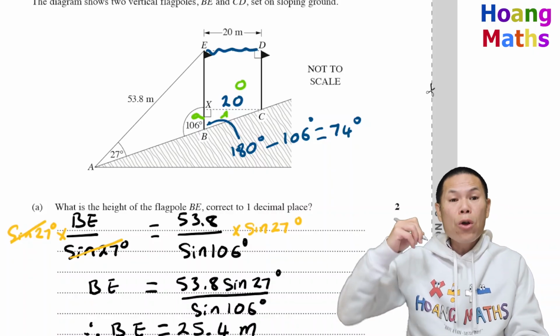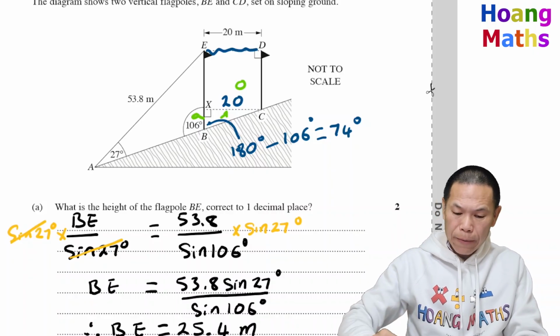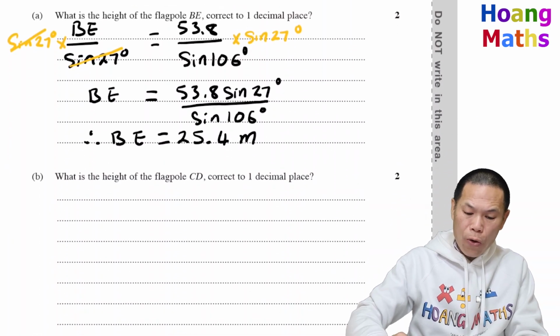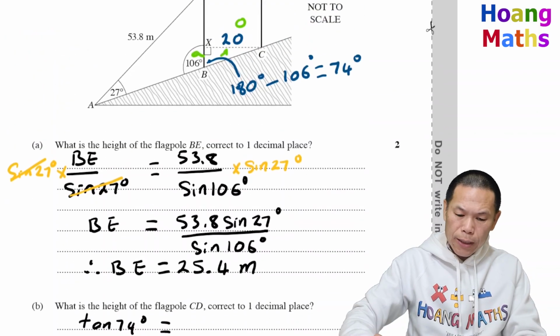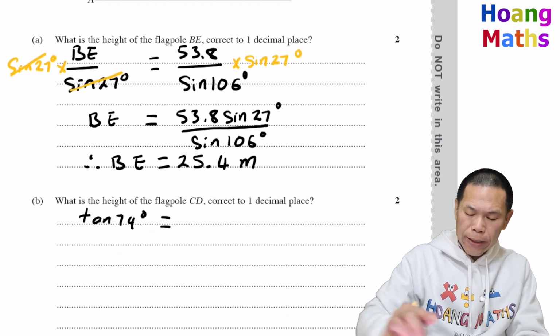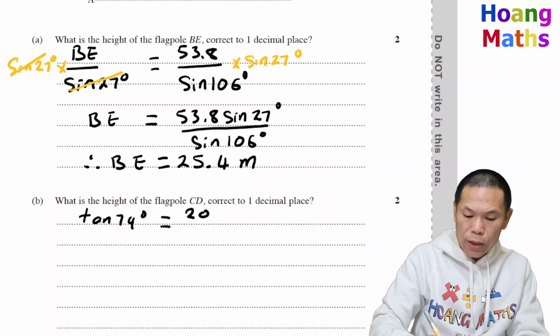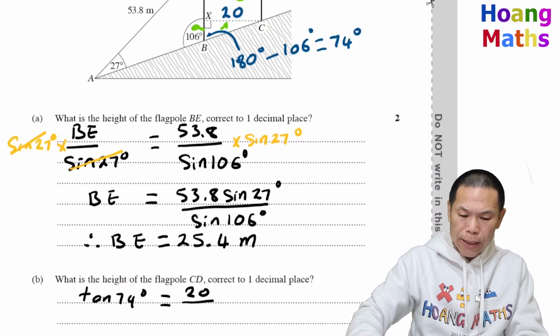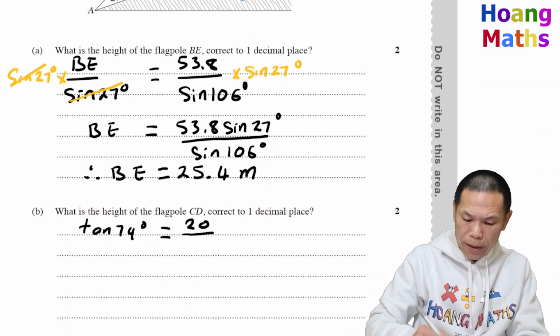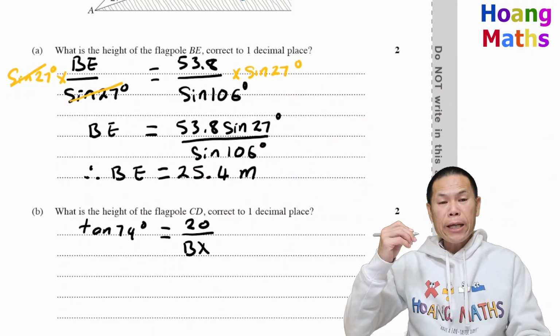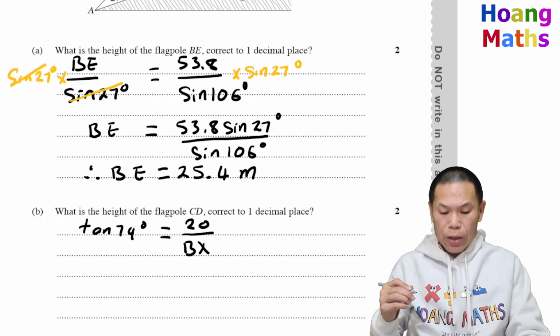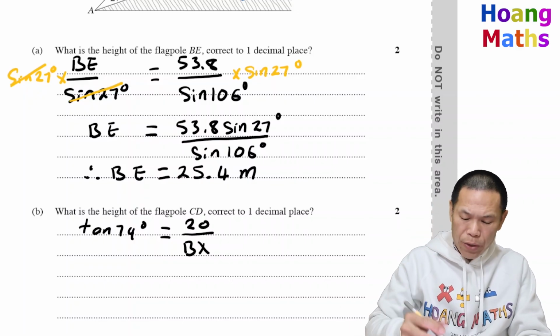So we have O, we have A, so we use tan. Tan of 74 degrees is opposite, that is 20, over adjacent, which is BX. To work out BX, because it's BX down the bottom, we just swap around.